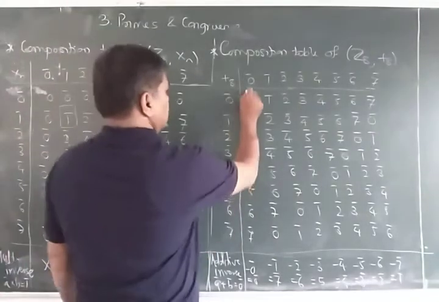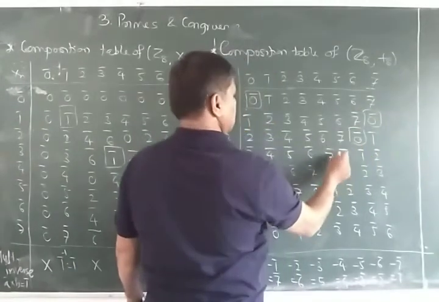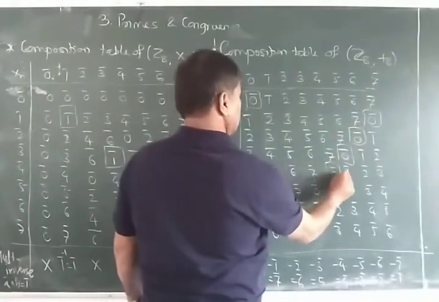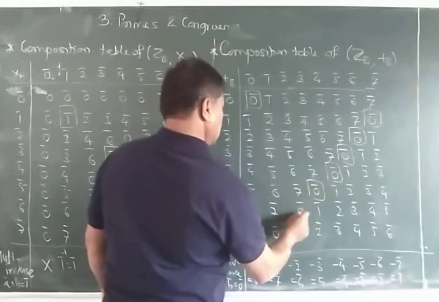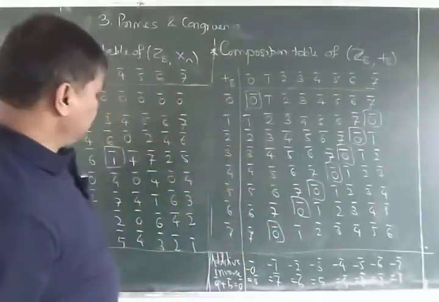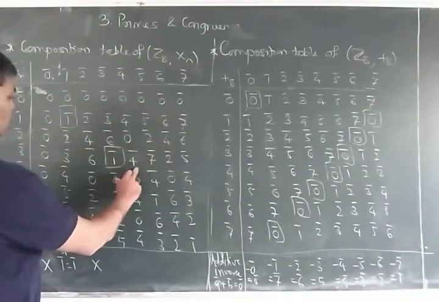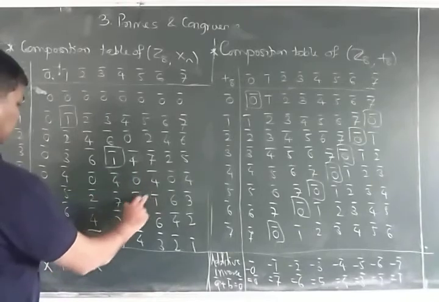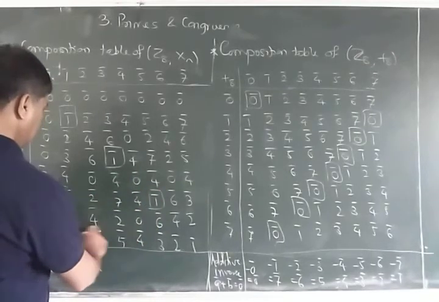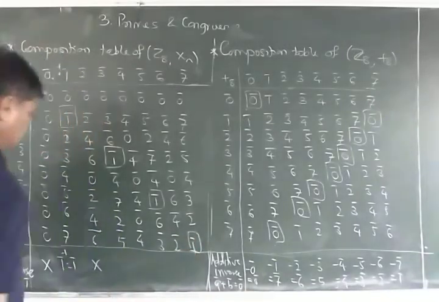See here, 0 bar, this gives us additive inverses. 1 bar is here, there is no 1 bar, there is no 1 bar, 1 bar is here, no 1 bar, and here there is 1 bar.